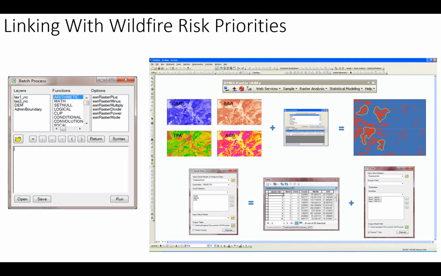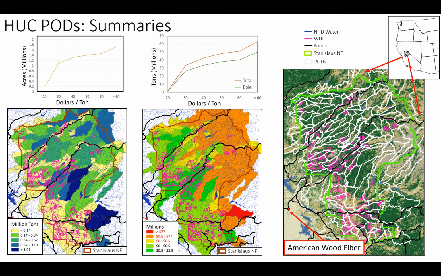Here again, we can use these tools to summarize this raster data for any given polygon. And for example here, we can take all the hucpods that were defined previously and summarize that income and volume estimates to get at supply curves that represent how many dollars or how many tons, how many acres can be managed for a certain dollar per ton value.